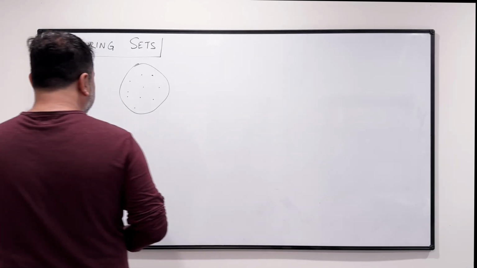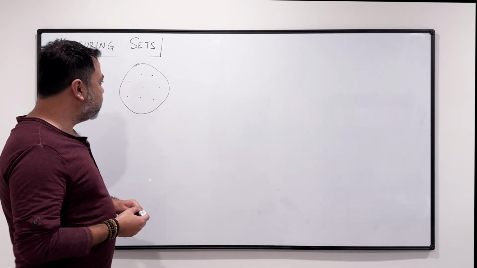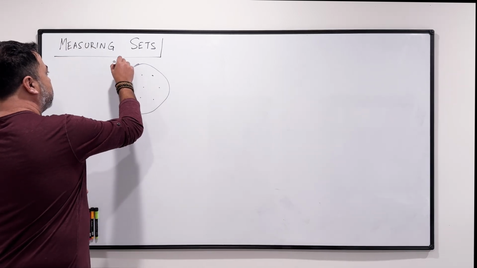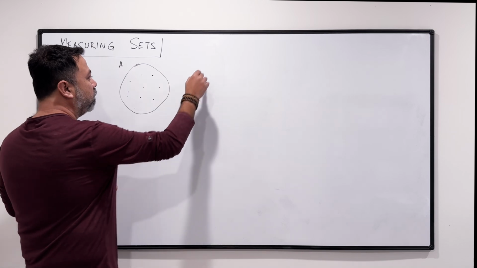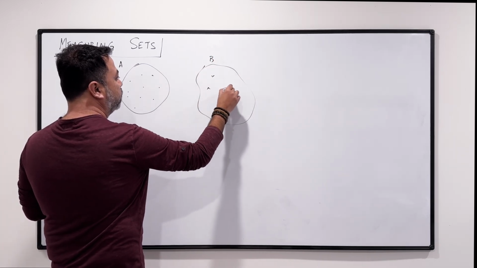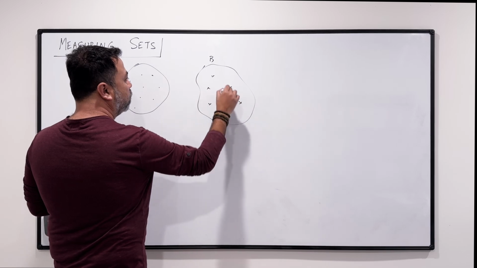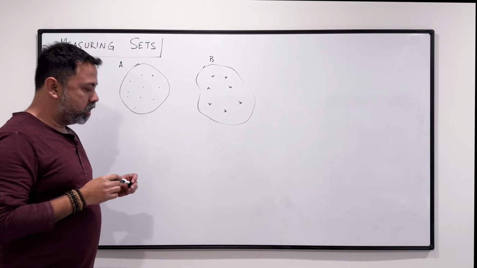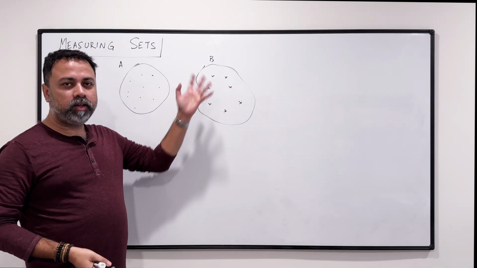So one of the fundamental things that we will discuss today is that if you have a set A and then you have another set B, and B could have different kinds of points in it, I don't really care about what these individual things are as long as they're different.